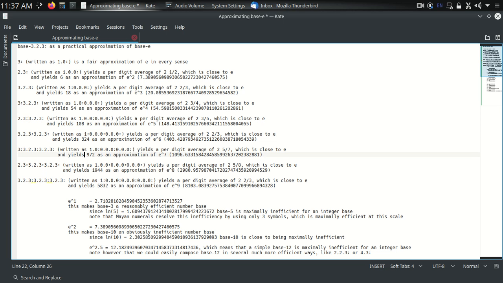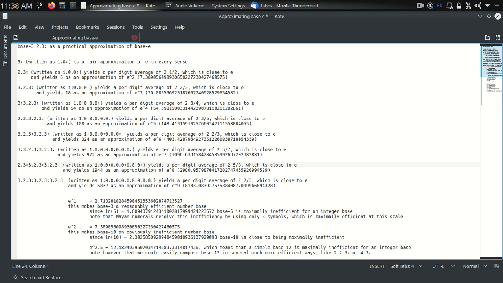That did actually bring our approximation of e to the seventh closer, which makes sense. So here e to the seventh is actually 1096.6, and we're estimating it as 972. So we're pretty far off in terms of raw value, but not really in terms of needing a new digit yet.